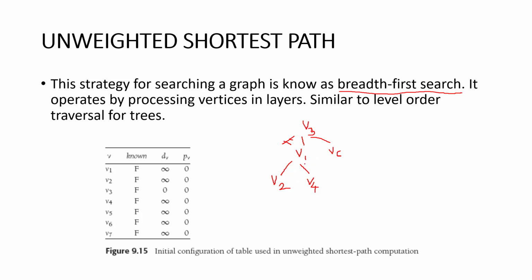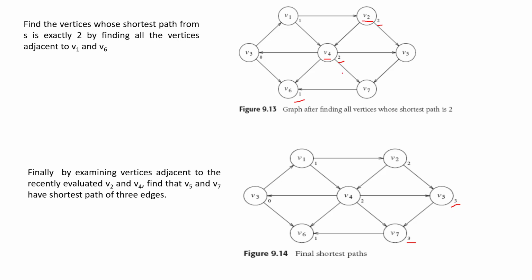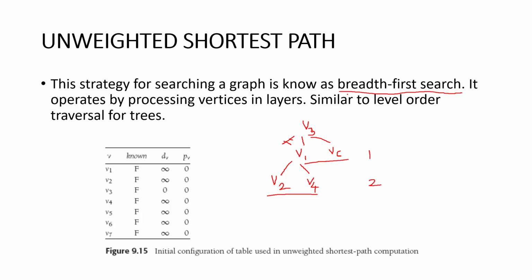So this level I can reach in 1 unit, this level I can reach in 2 units, then from V2 we can go to V5, and from V4 we can go to V7.